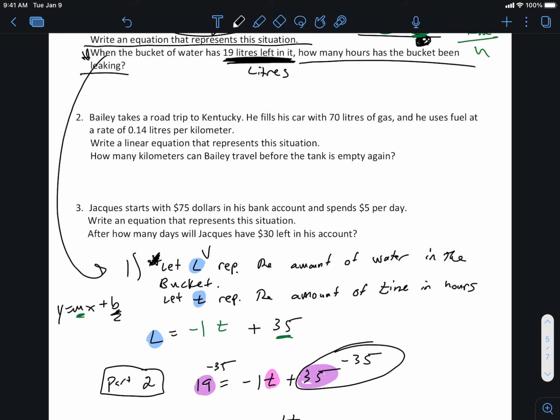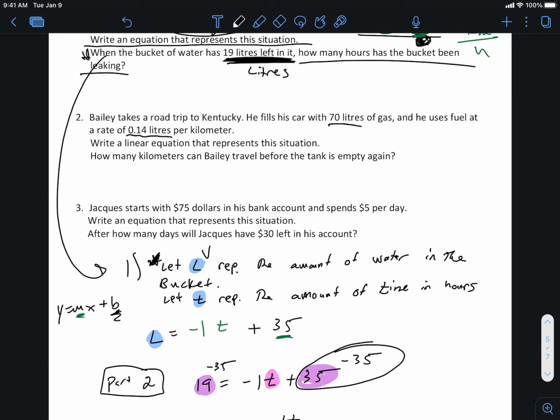And then you identify how is the question changing and where do you start. So for the next question, it looks like I'm starting at 70 liters, and I'm burning 0.14 liters per kilometer.